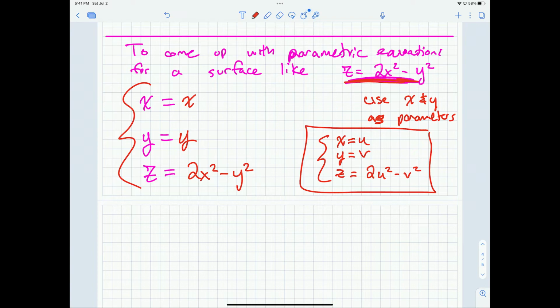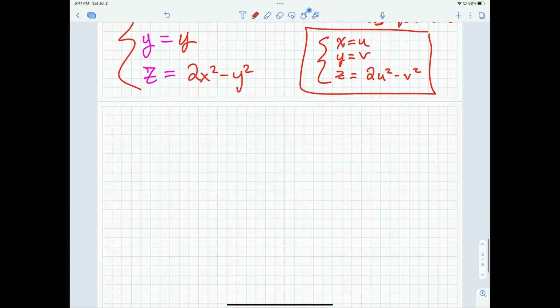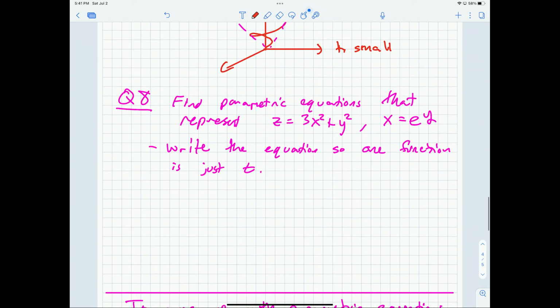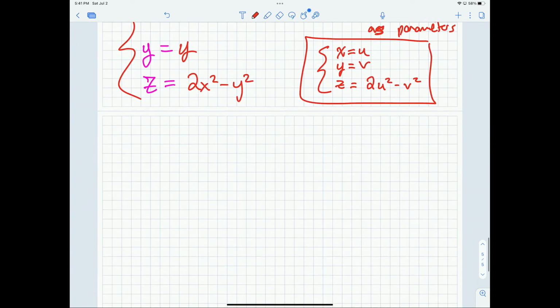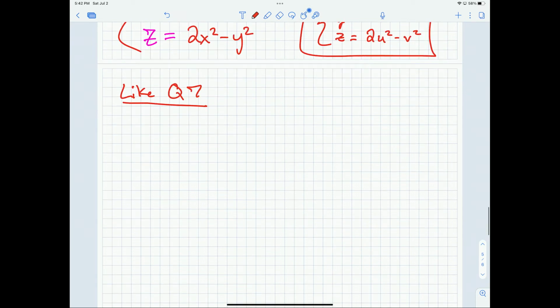And the reason that's relevant is because in a question, I think this is going to be like question 7. We're coming back to 8 in a minute. I didn't realize what order would be best here.